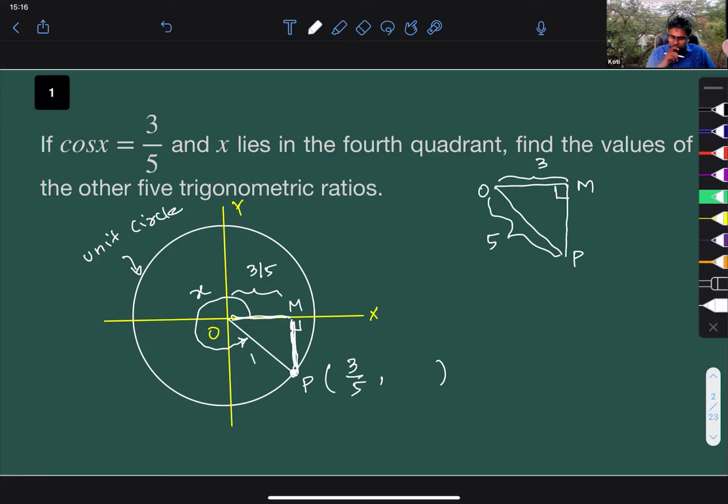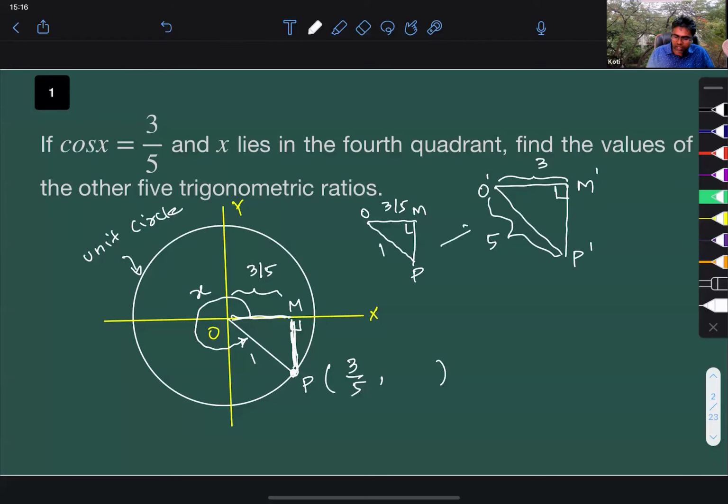Now, what I'm trying to do is this OMP, maybe if I can call it O prime, M prime, P prime, this is a bigger copy of OMP. It's a similar triangle to OMP. So these are similar. This is 3 by 5 and this is 1. Now, if it is similar, can I say that I can multiply OP with 5 and OM with 5?